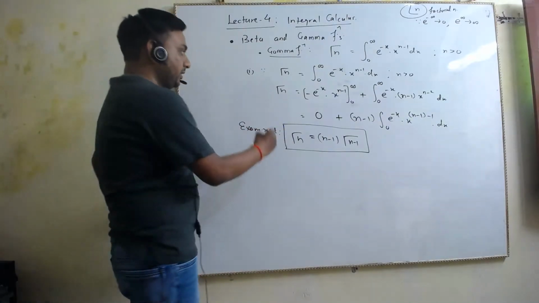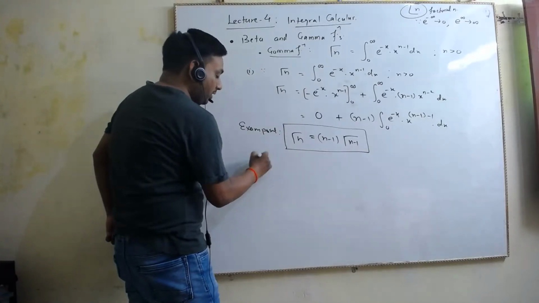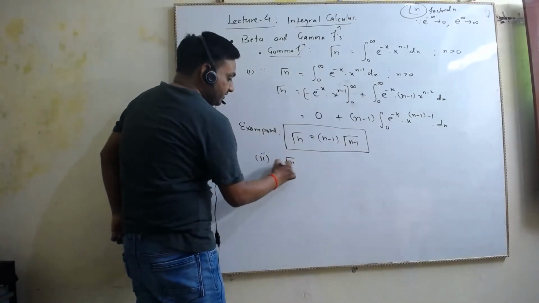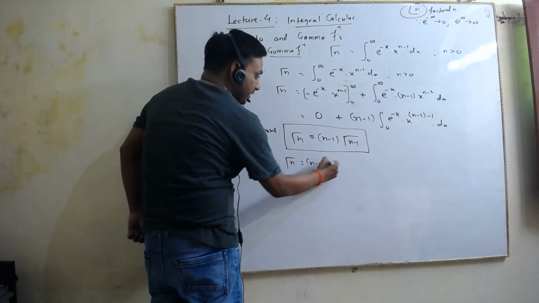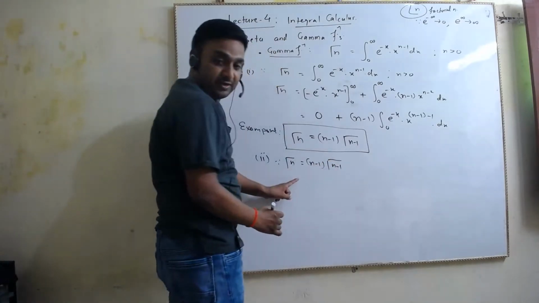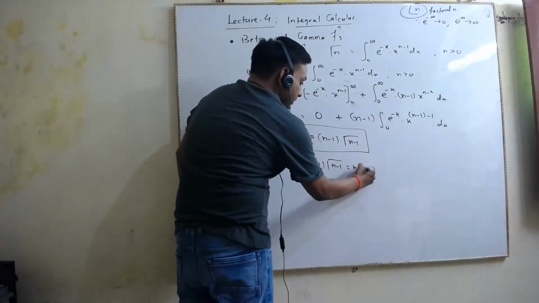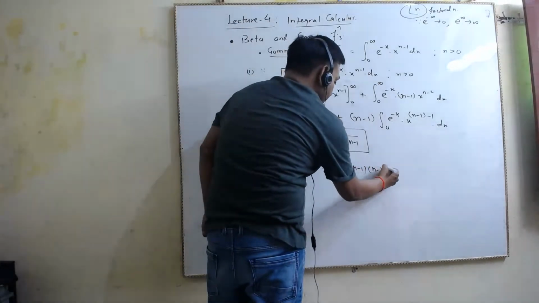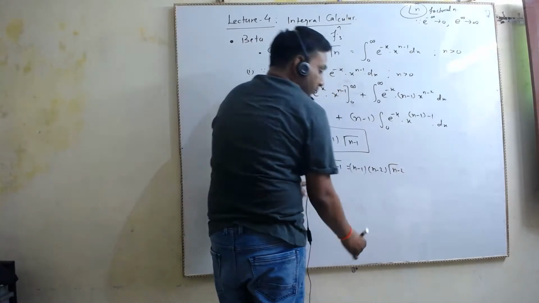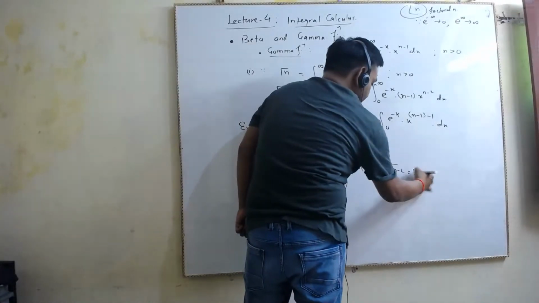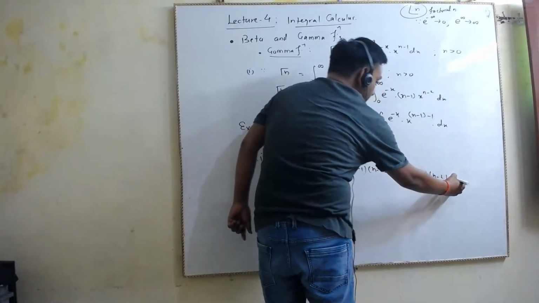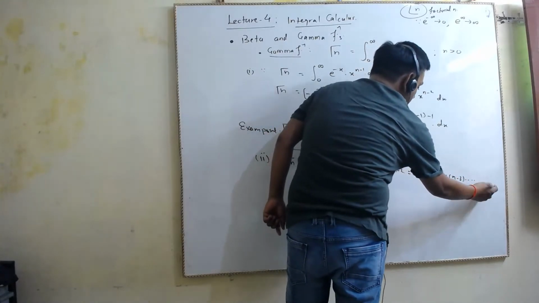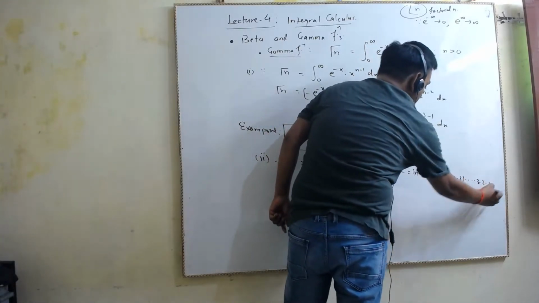Now, from here itself, we can draw some conclusion. Since gamma n is n minus 1 times gamma n minus 1, gamma n minus 1 can be written as n minus 2 into gamma n minus 2. That can be written as n minus 1, n minus 2, n minus 3, dot dot, 3, 2, 1.